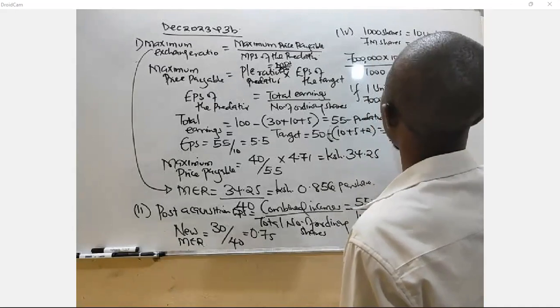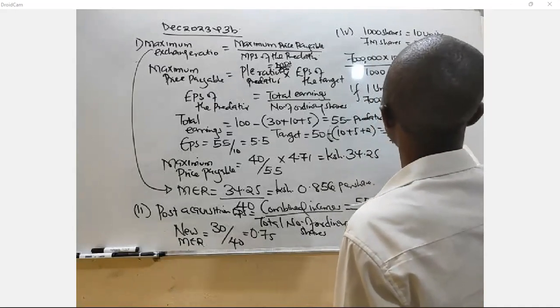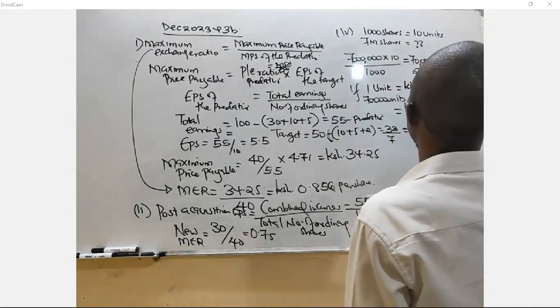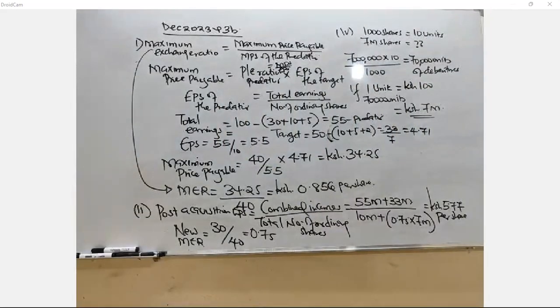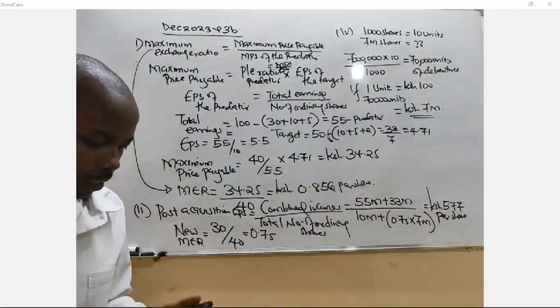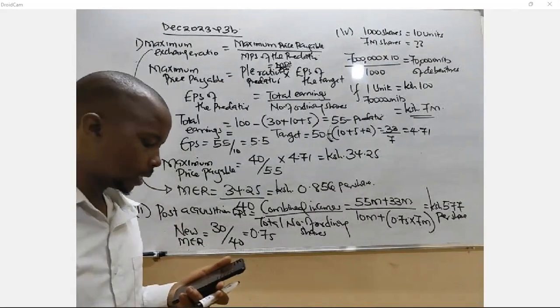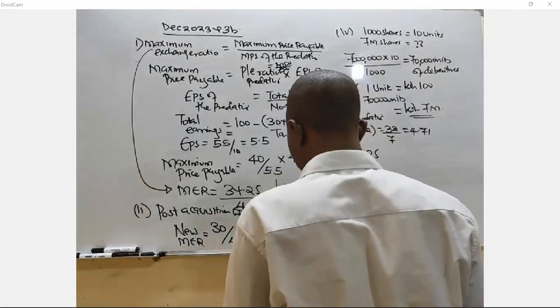Very simple math here. You're going to have 7 million again. You have not gotten what they are looking for yet.